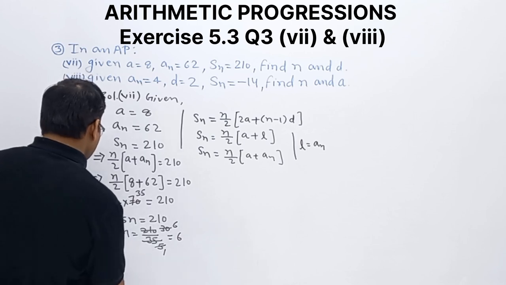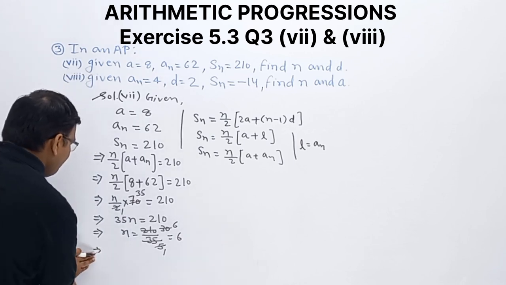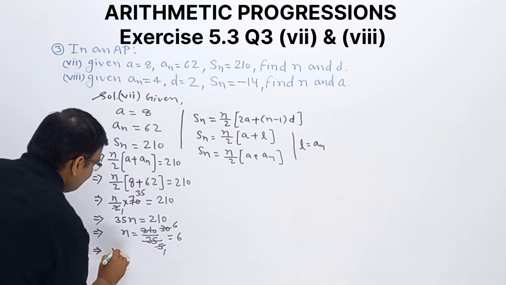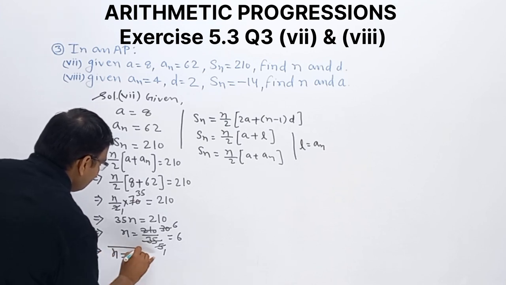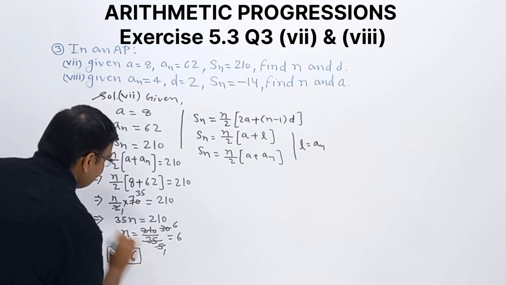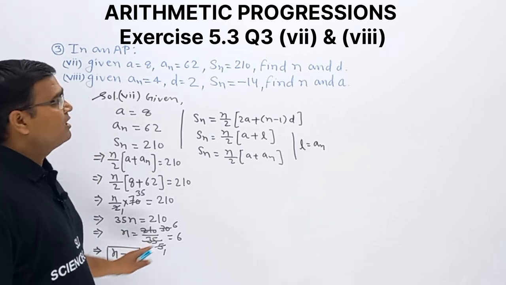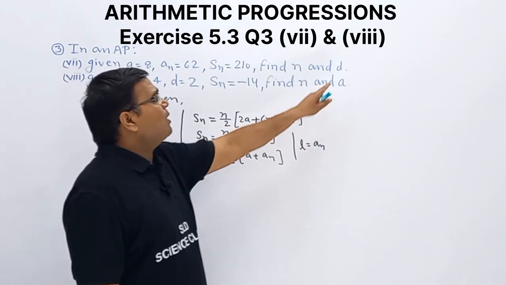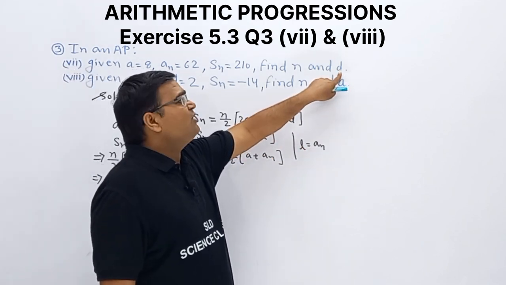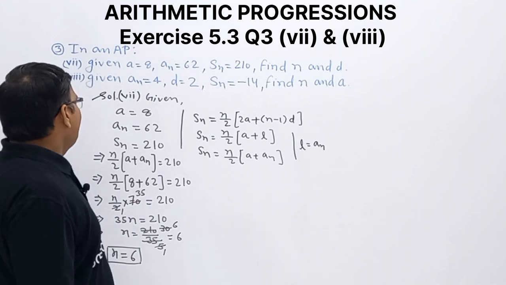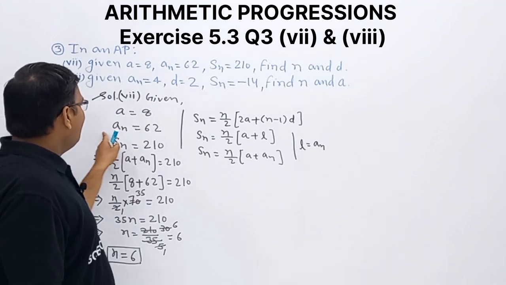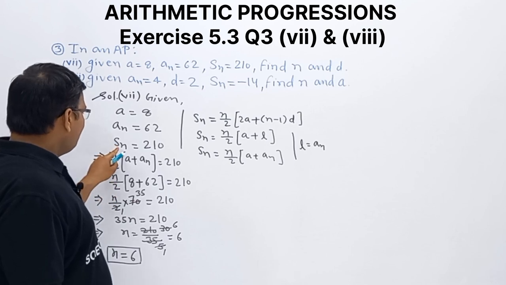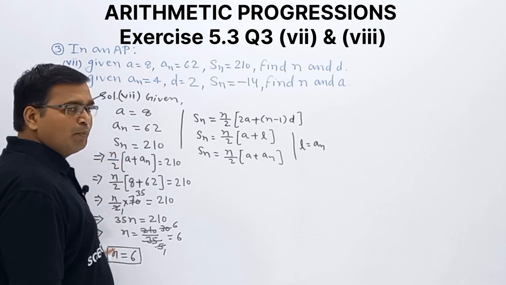Finally we can say the number of terms in this AP, n, will be 6. This is the required answer. We obtained the value of n. Another thing, we require the value of D, the common difference. We have the first term, An, and n, and by using Sn we got the value of n.